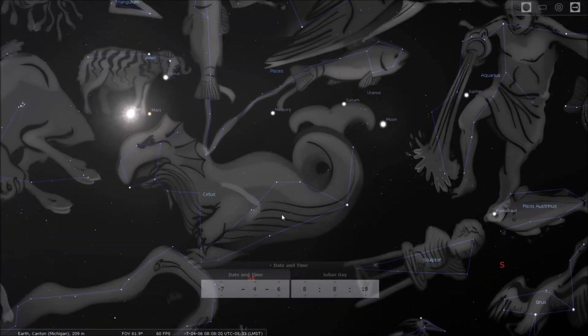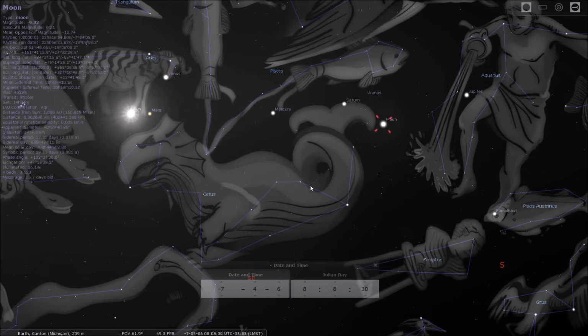Okay, Venus and Mars are in conjunction in Aries with the Sun. The Moon is 25.7 days old. It's at the tail. Jupiter is in the waterfall of Aquarius, sorry.